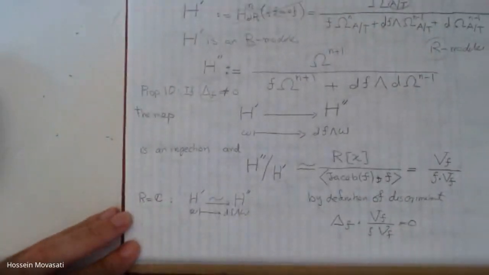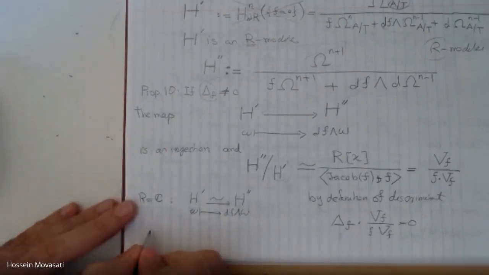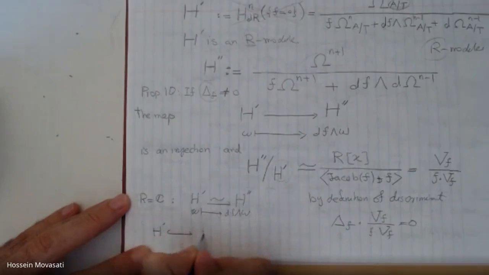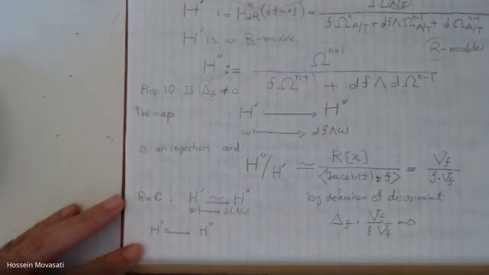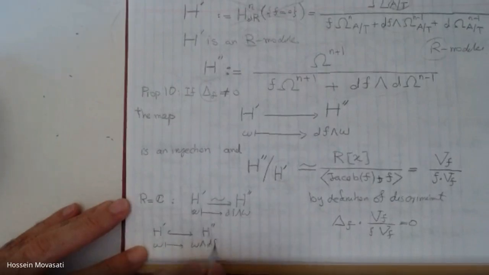So what I want to say, in a general context, is that H prime is embedded inside H double prime, omega going to omega wedge df.